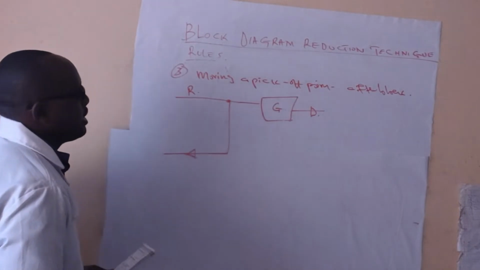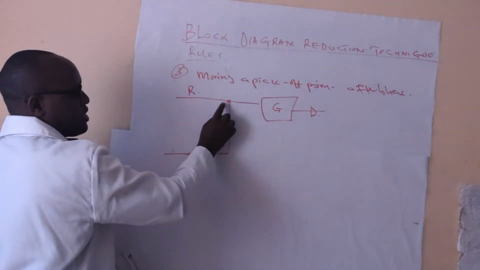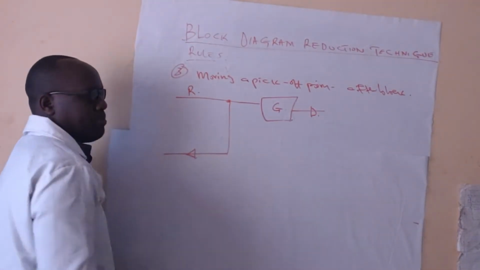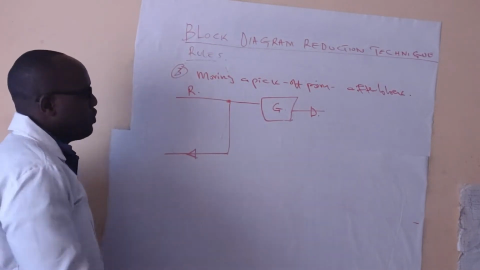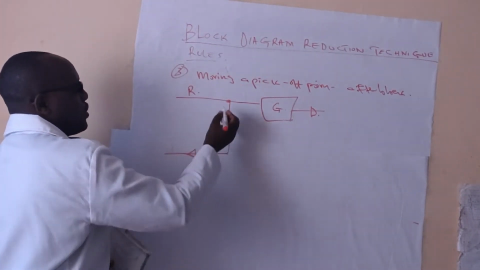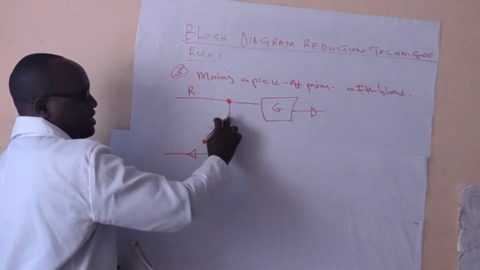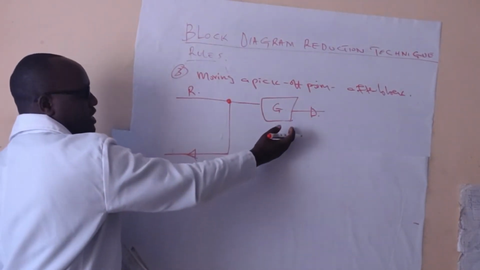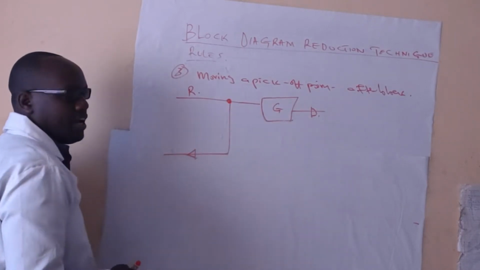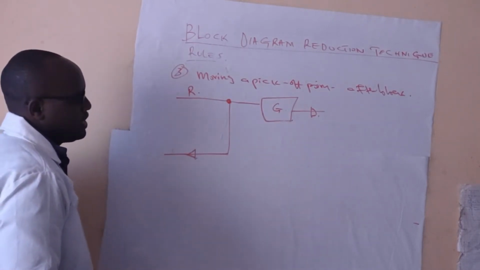So if you want to move this takeoff point after the block, how do we move this takeoff point after the block?